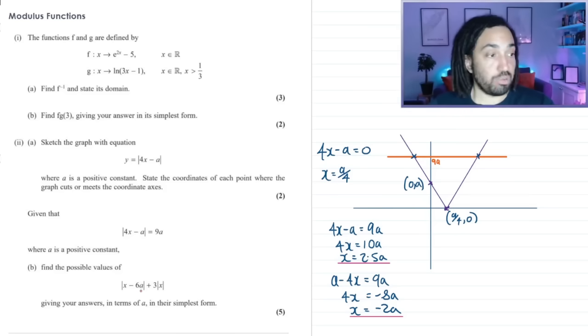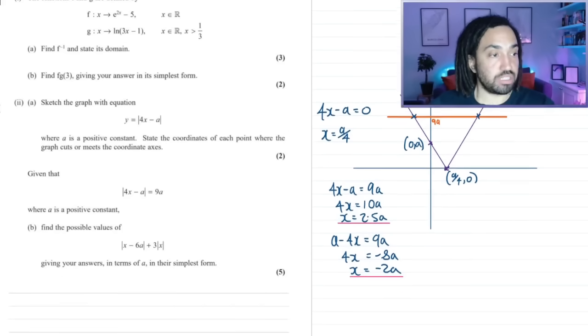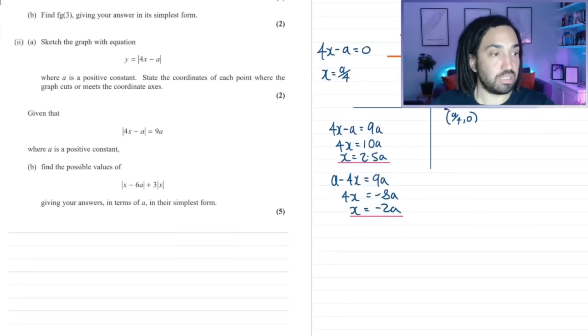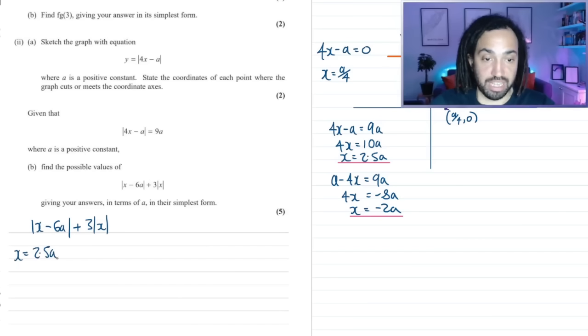So now it says find the possible values of this. Okay, well we can do that using these two x values. Let's just grab a bit more space. And then let's take the modulus of x minus 6a plus 3 the modulus of x. And then we can say when x is equal to 2.5a, what do we get? Well, we get the modulus of 2.5a minus 6a plus 3 lots of the modulus of 2.5a.